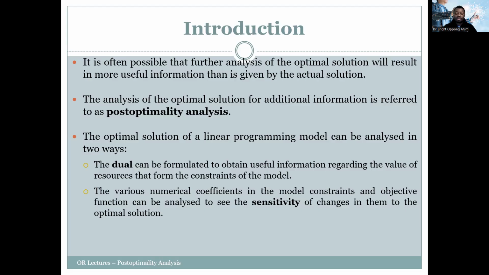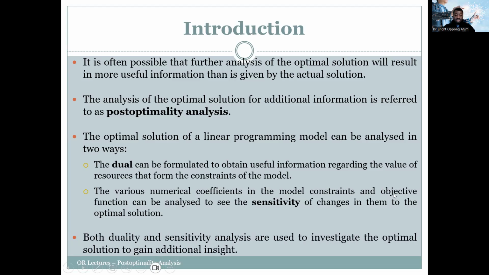In case they change, how would they impact or influence the optimal solution? So the dual form and the sensitivity analysis are used to investigate the optimal solution to gain additional information. So the post-optimality analysis is actually done in two ways: the dual form or duality, and also sensitivity analysis.